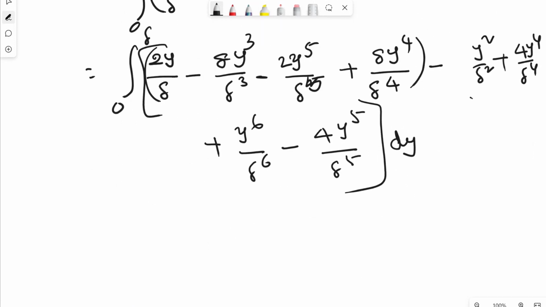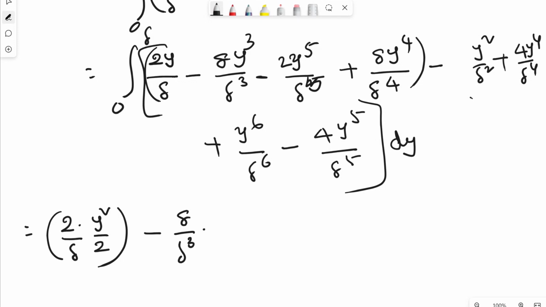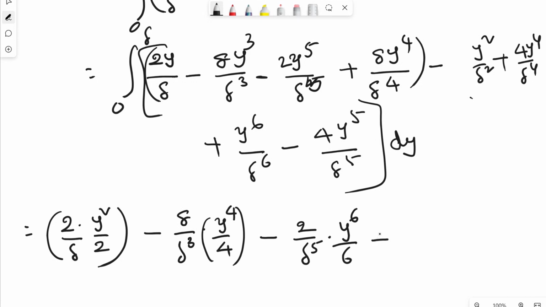So if I integrate, 2y dy gives 2 into y square by 2 into delta. This is the first term. Minus 8 by delta cube into y to the power of 4 by 4, this is the second term. Minus y to the power of 6 by 6, plus 8 by delta to the power of 4 into y to the power of 5 by 5.